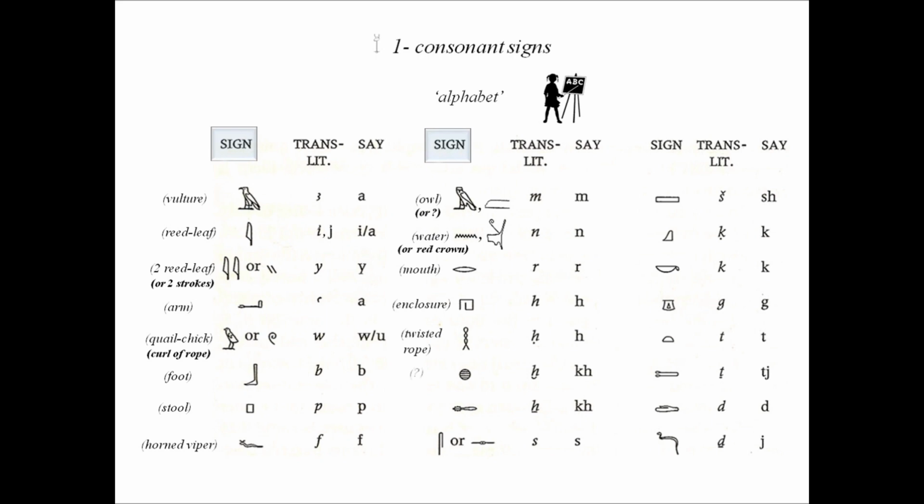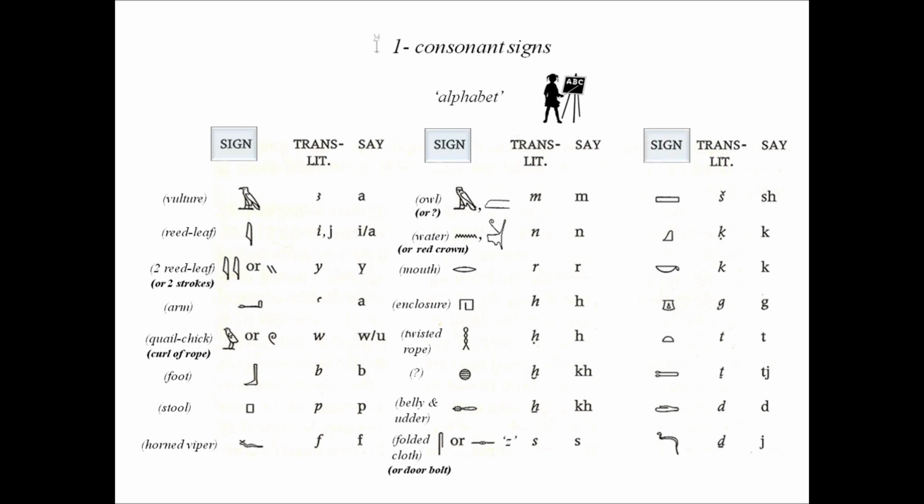This is uncertain. It may be a placenta, but is also pronounced as a KH. The belly and udder, which is also pronounced as a KH, but with a different sound. The folded cloth, or door bolt, which is pronounced as an S, but also as Z.